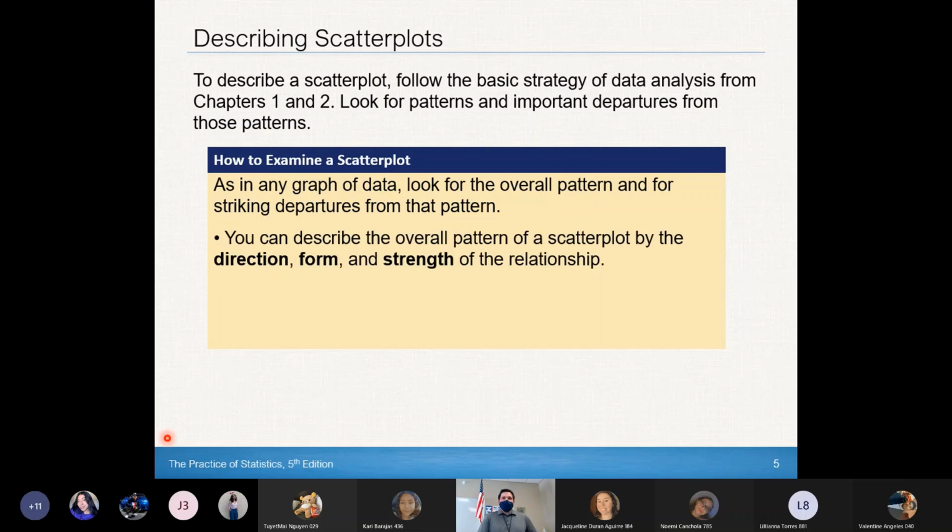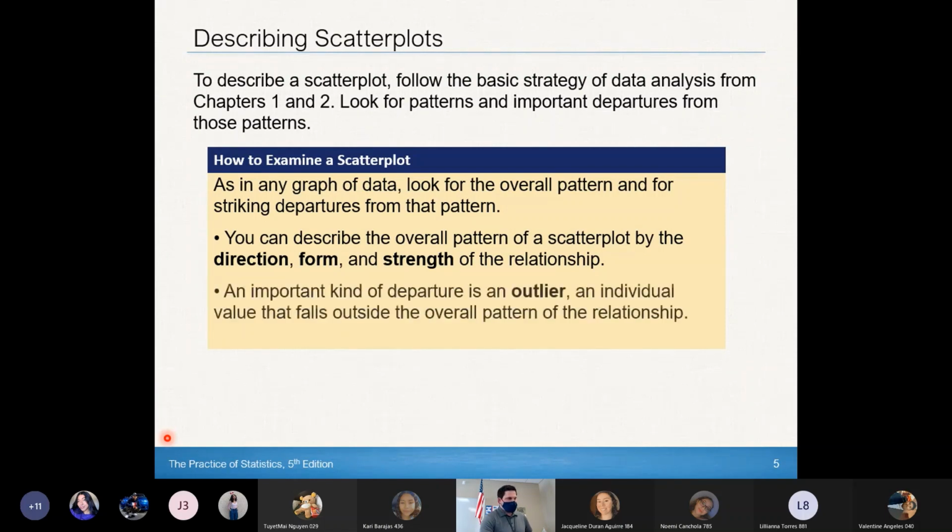You can describe the overall pattern of a scatter plot by the direction, form, and strength of the relationship. An important kind of departure is an outlier, which hopefully we're familiar with at this point. An individual value that falls outside the overall pattern of the relationship. So the key things when we're describing and examining a scatter plot, we want to describe direction, form, and strength. And we'll see examples of what that is shortly.